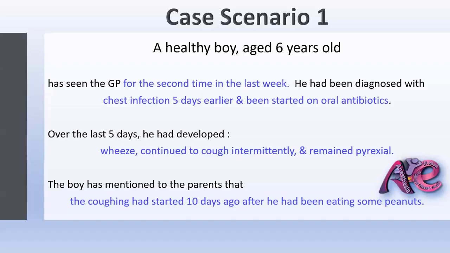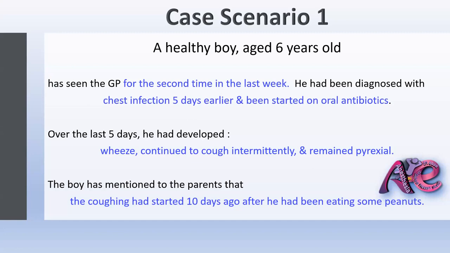So let's take the first scenario. A healthy boy, aged 6 years old, has seen the GP for the second time in the last week. He had been diagnosed with a chest infection 5 days earlier and started on oral antibiotics.